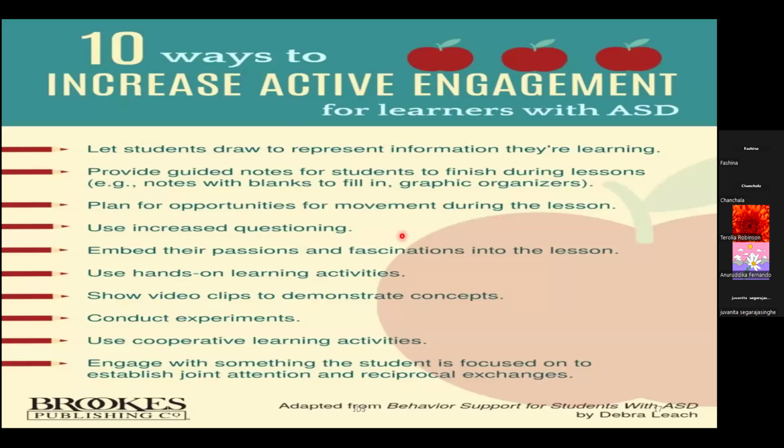Then you have other ways through which learners' behavior can be facilitated. Just read through them. How to facilitate learner behavior. Some other practices that can be utilized in the classroom.